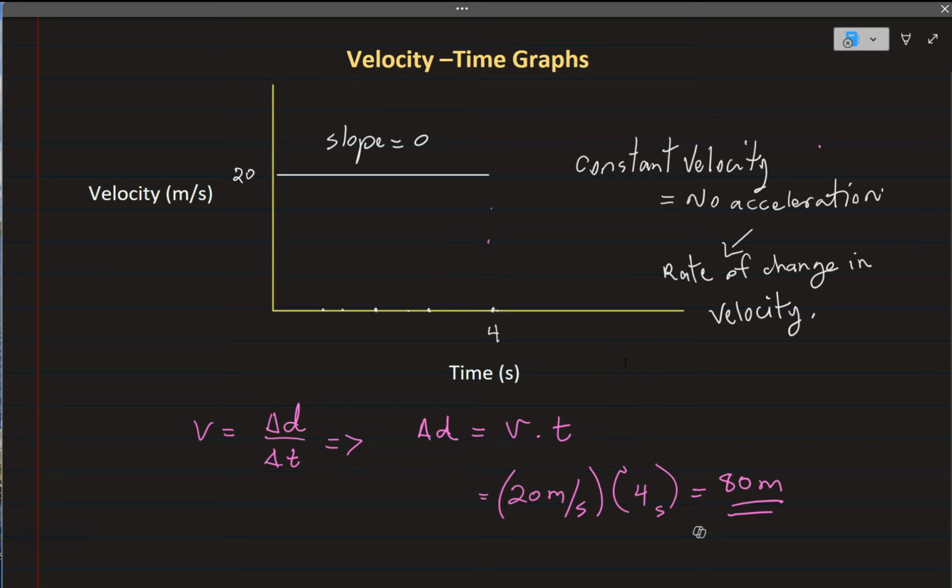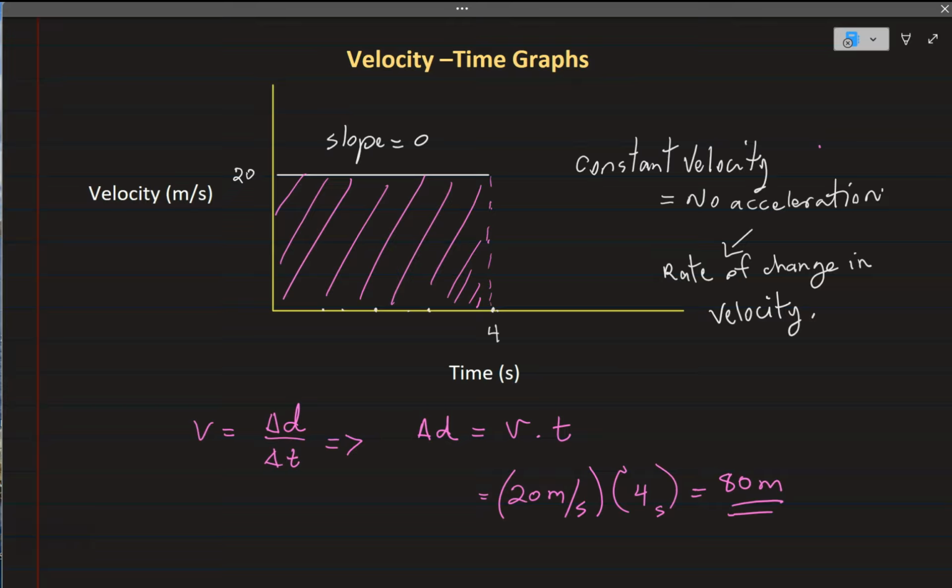Now let's calculate the area under this line up to 4. This looks like a rectangle. It is a rectangle, right? So let's calculate the area of this rectangle. What is the length? Well, this is the length. That's 4 seconds. Okay. What is the width?